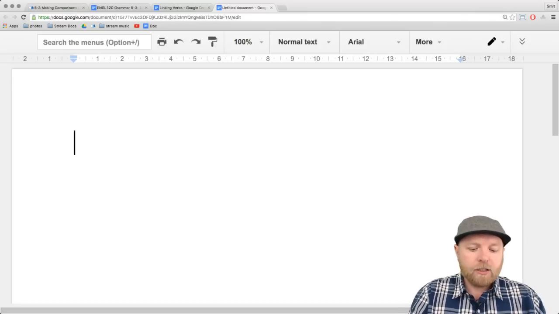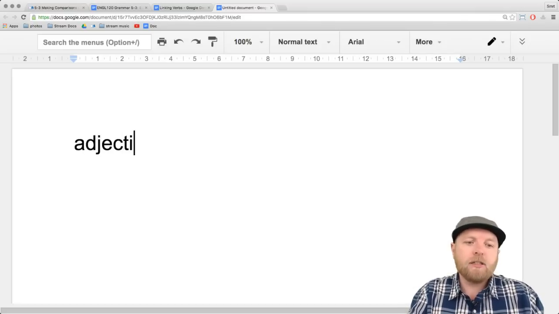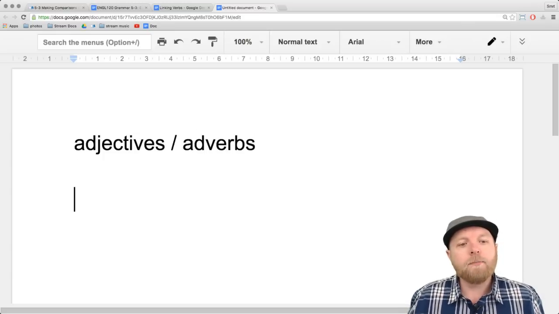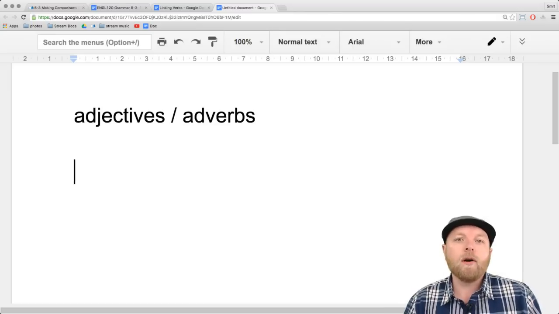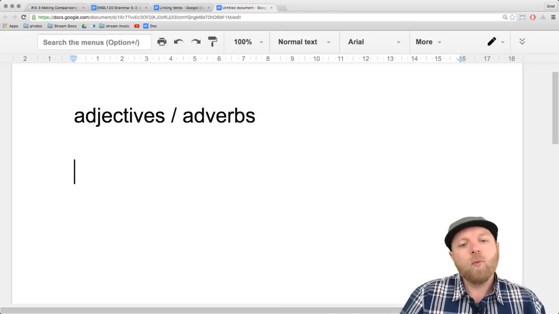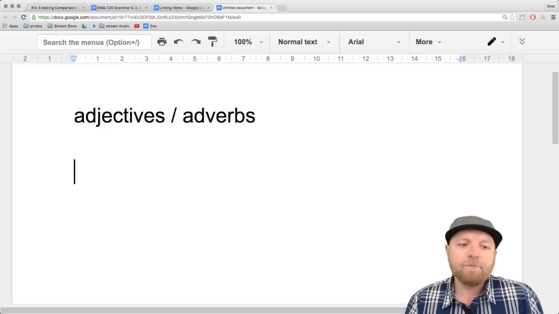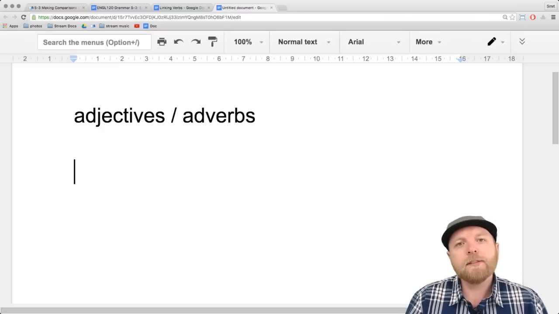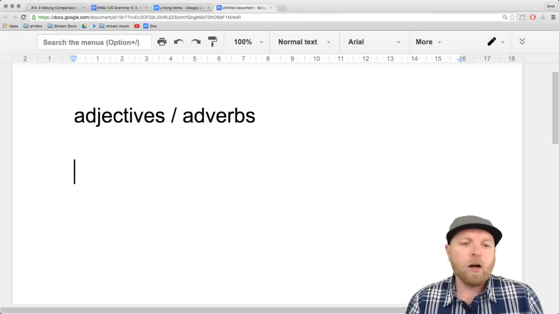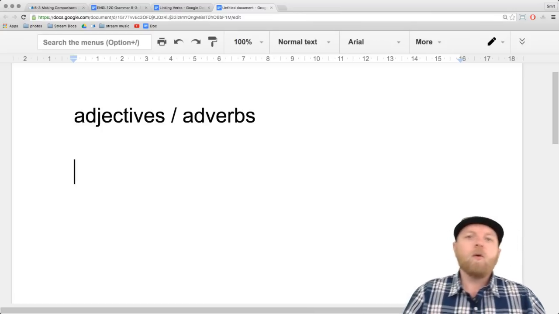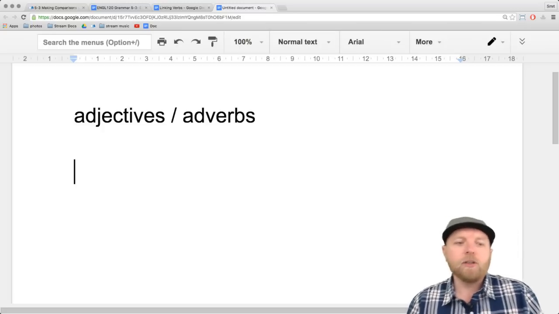Today we're going to talk about adjectives and adverbs. We're going to talk about this a little more. We talked about this last week a little bit, and some students had some problems. When do we use adjectives? When do we use adverbs?